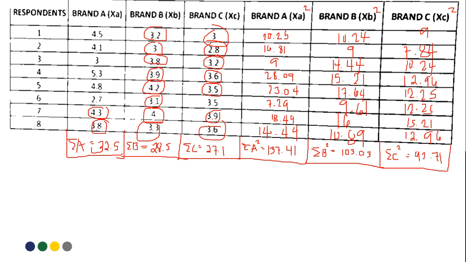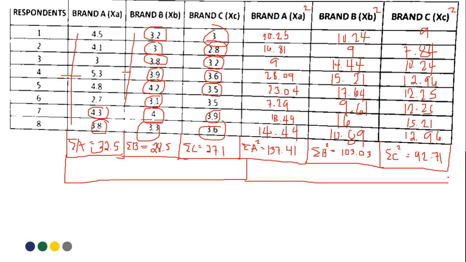Paano nyo po nakuha yung summation? Add nyo lang to lahat. Add nyo lang din ito. And so on and so forth. Next, ano yung pinaka-grand total ng summation ng ating A, B, and C? 88.1.